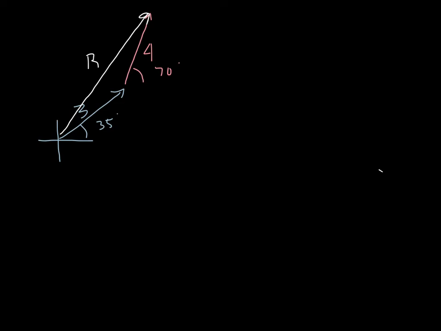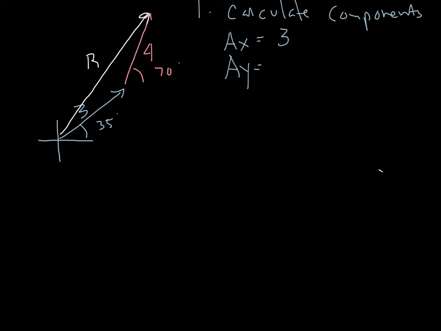We need first to determine what the components are. So we need to calculate components. And I like to just say AX, AY. Get them out of the way. So that would be 3 multiplied by the cosine of 35.